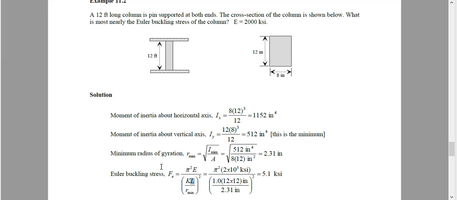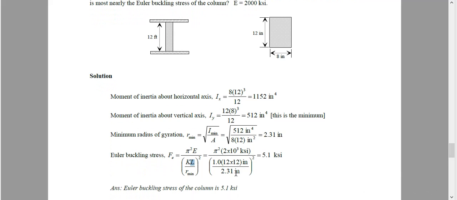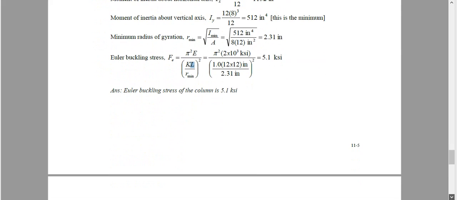And stress means force per unit area, so it is KSI. Whatever unit of E, that is the unit of this. So do not make a mistake here. And again it is I minimum, and L by R should have the same unit.